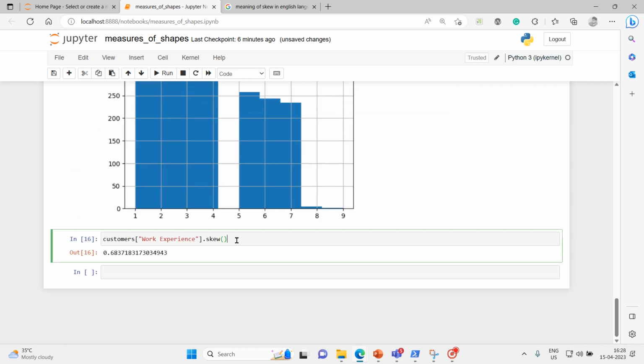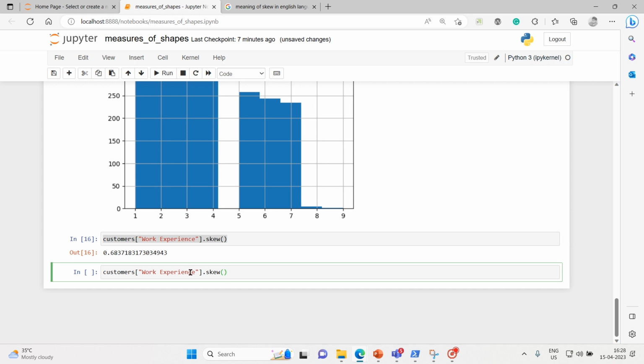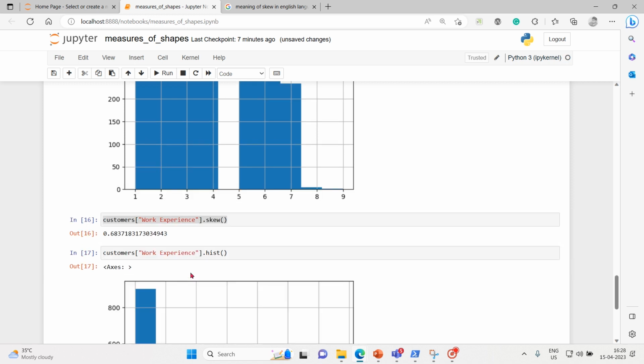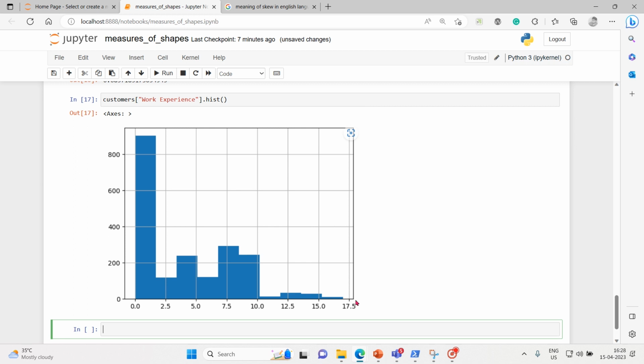So this is also positively skewed. And let's see the shape. I think more data would be concentrated on the negative side of the mean. That's what I'm expecting. Let's see. Yes, absolutely correct. You see that? Everything has gone into the left portion, the negative side of the mean.